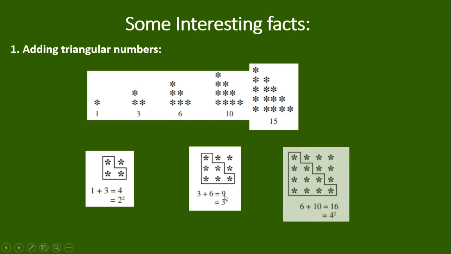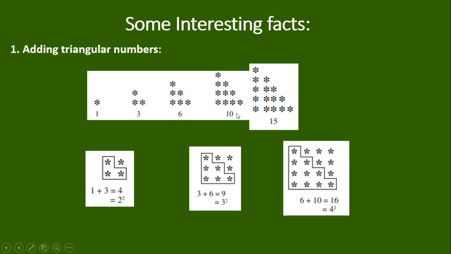Now, again, see the addition of 6 and 10. 6 is a triangular number and 10 is also a triangular number. So when I'm adding 6 and 10, I'm getting 16. And when you arrange these 16 numbers, again what am I getting? I'm getting a square.